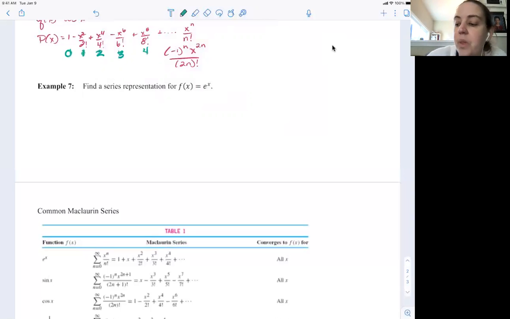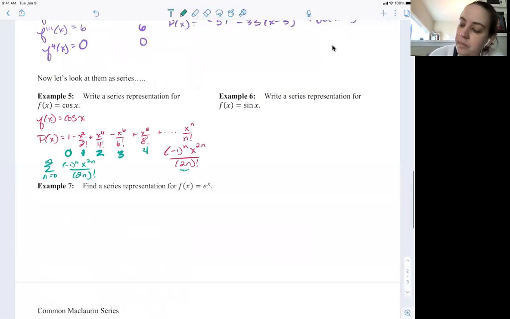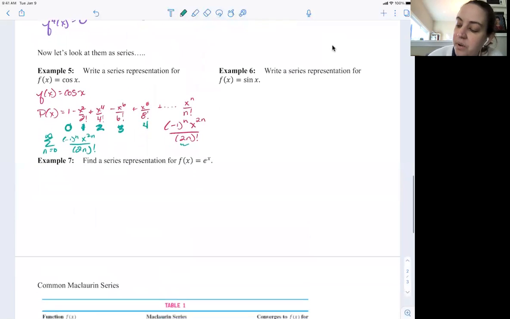So 2 times 1. 2 times 2 gives me 4, 4 factorial. 2 times 3 gives me 6, 6 factorial. So the series is n equals 0 to infinity of negative 1 to the n x to the 2n over 2n factorial. That is my series representation for cosine.